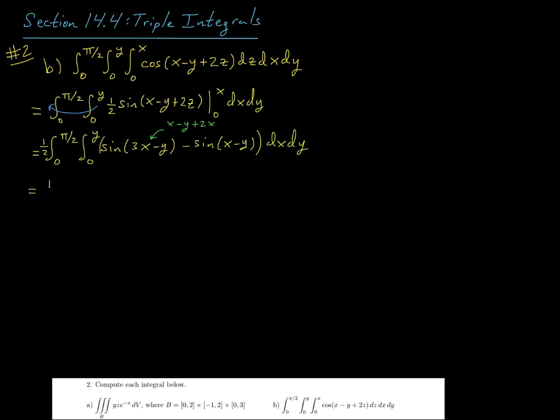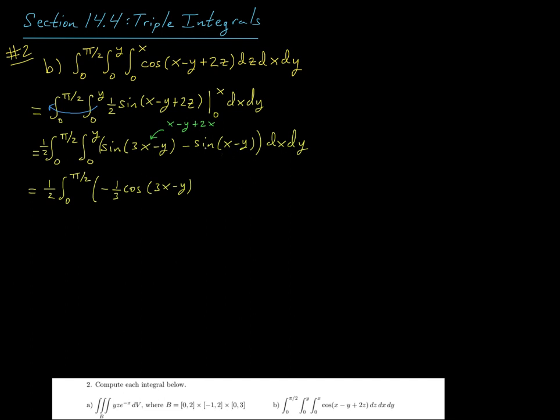So keep going. We have our 1/2 integral from 0 to pi over 2, and now we're going to integrate with respect to x. It's the integral of sines, so this can be minus cosine, and then I'm going to have to divide by 3 from the chain rule. So it'll be minus 1/3 cosine of 3x minus y.